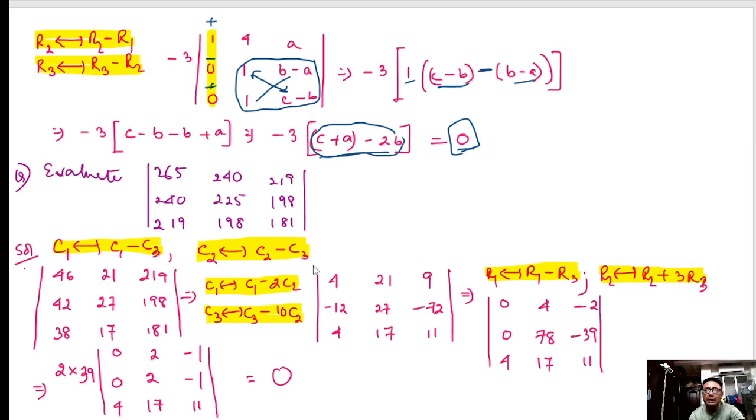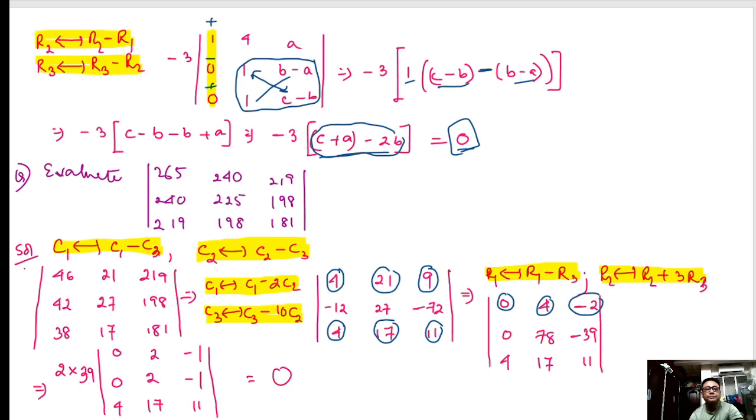R1 minus R3, that means 4 minus 4, and we will keep it in R1, 0. Similarly, 21 minus 17, and we will keep it in R1, which is 4. 9 minus 11, which is minus 2, we will keep it in R1.